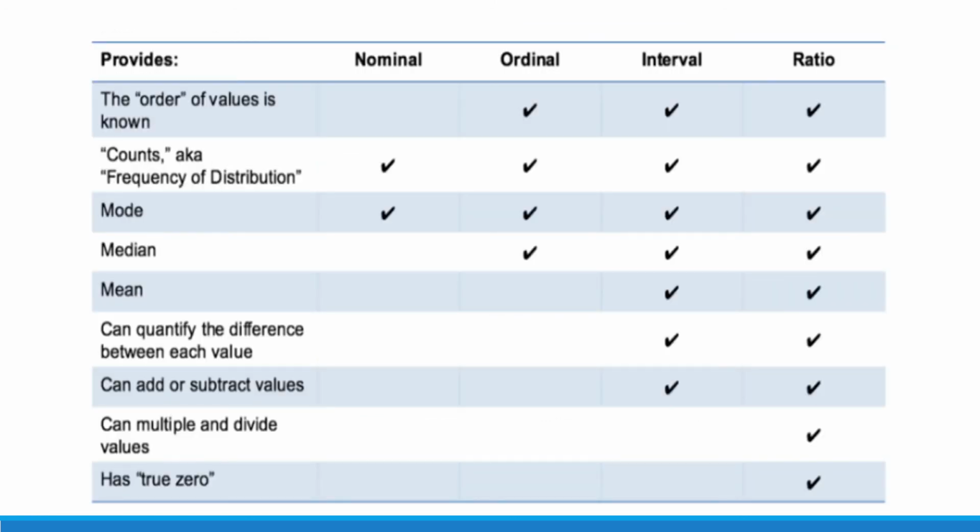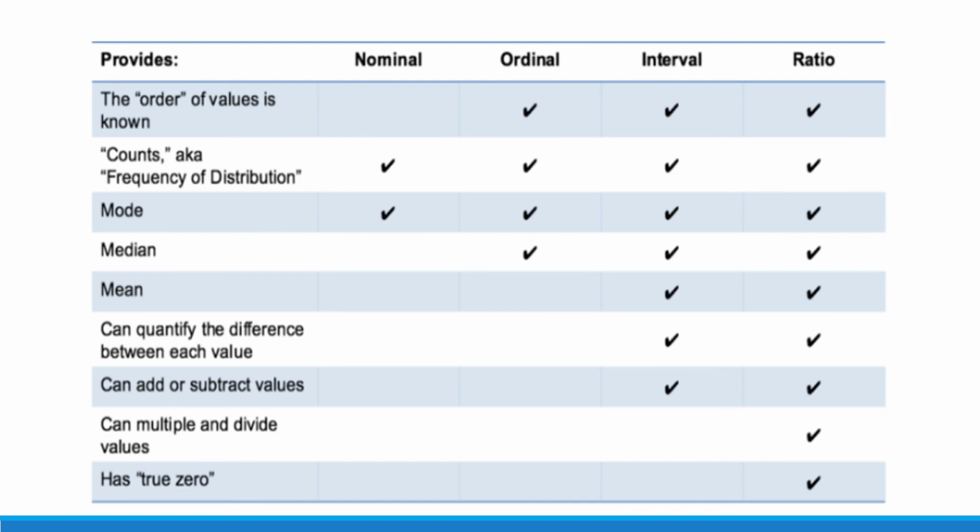This table summarizes the different types of measurements and the mathematical operations, how we can use them. Of course, in nominal, we can only use the frequency of distribution.